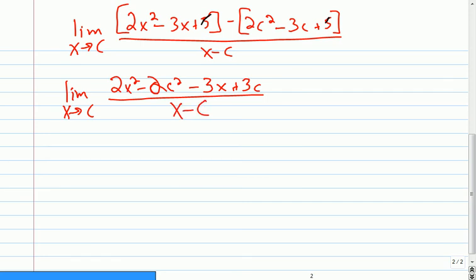So now I'm going to have to start factoring to see if I can take it out. One thing I could do is factor this as 2 times x squared minus c squared, minus 3 times x minus c.